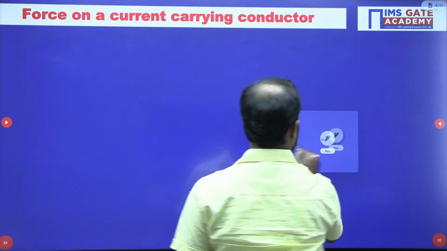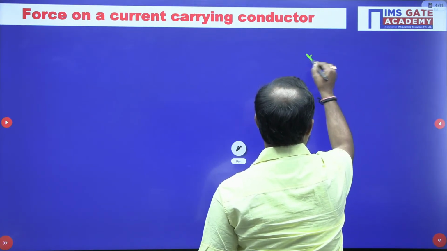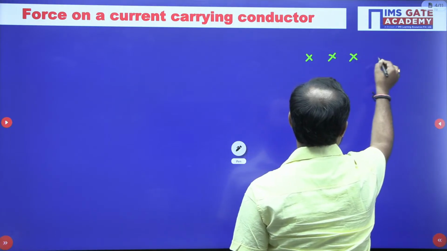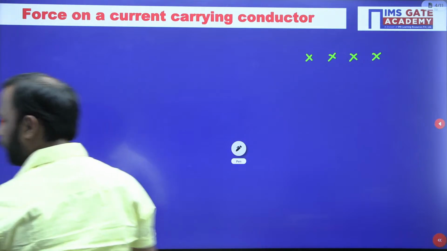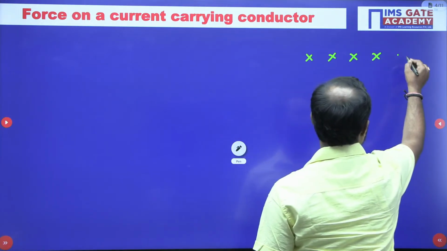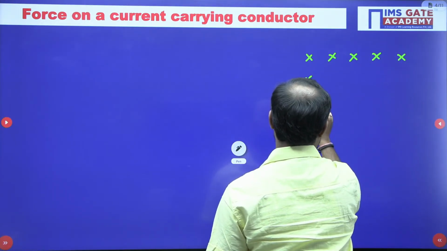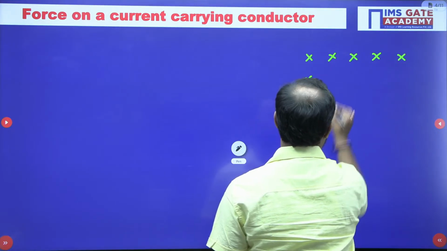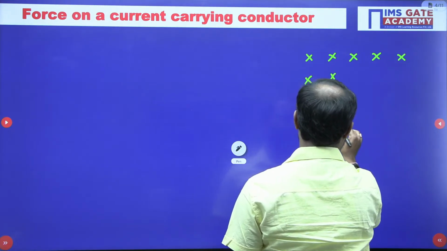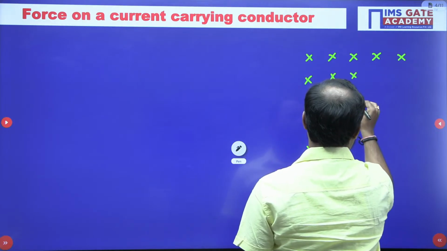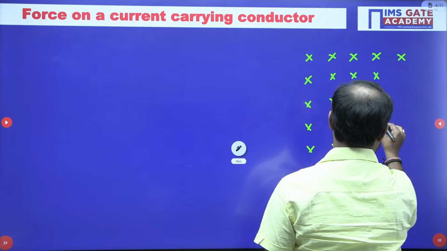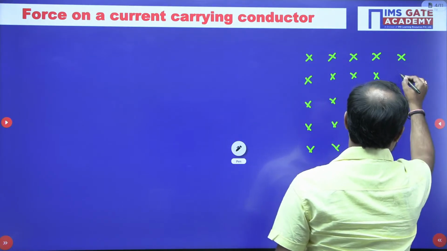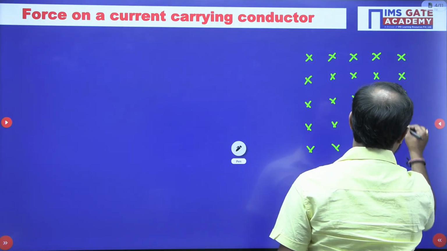So let me take a magnetic field like this. Let me make this diagram. What is the direction of magnetic field?